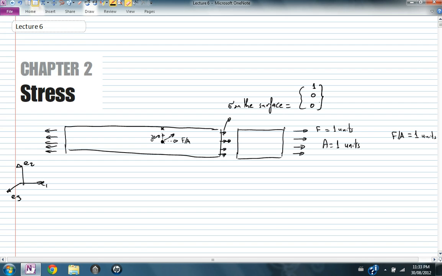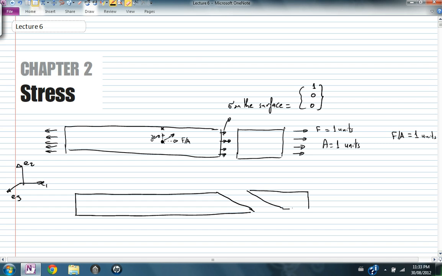Now, I could have separated the beam on a different plane. I could have separated the beam on this plane. And so the forces on these planes are also in these directions.